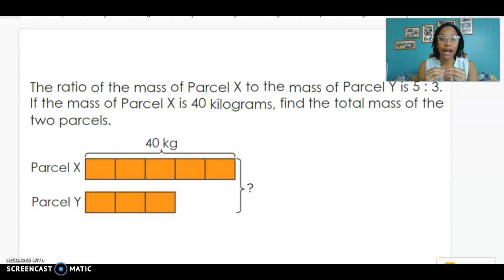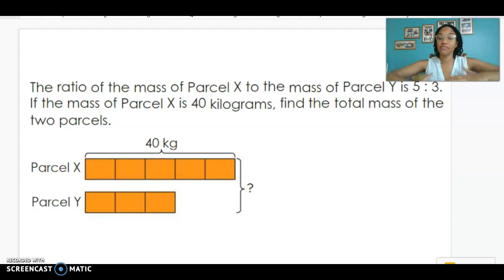So here we have 5 units being equal to 40 kilograms. If 5 units makes 40 kilograms, then 1 unit is the same as 40 kilograms divided into 5 equal parts. So you need to find 40 divided by 5. Once you get that answer, you'll know that that is the amount that is equal to every single orange block.